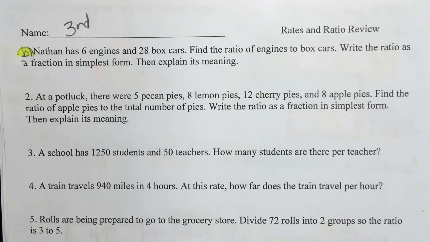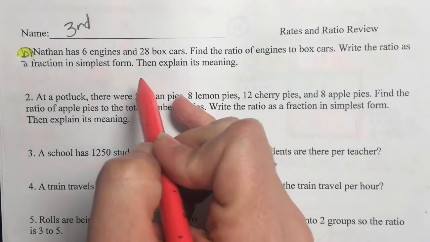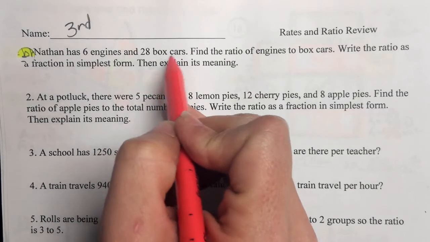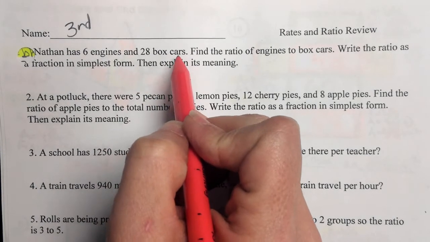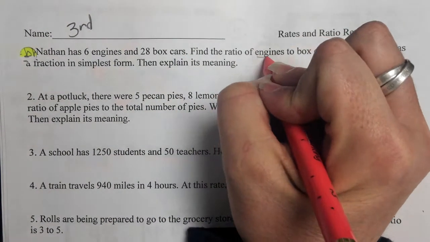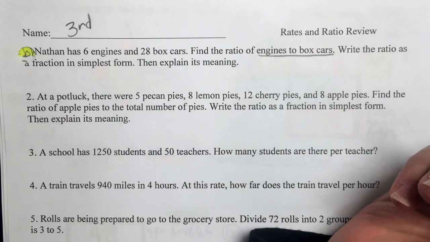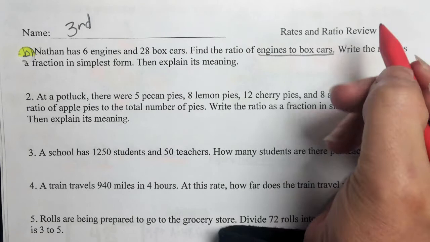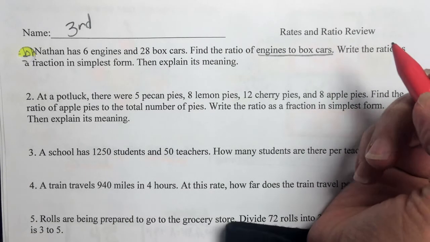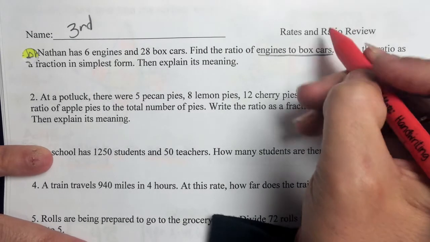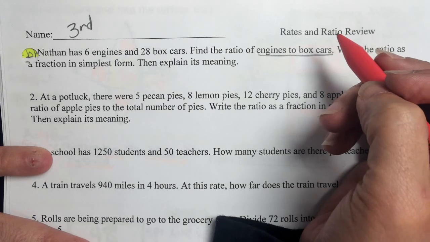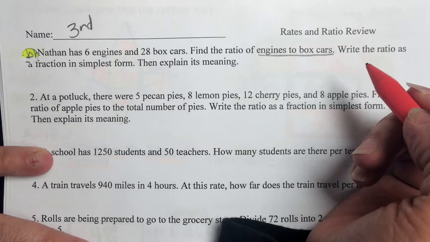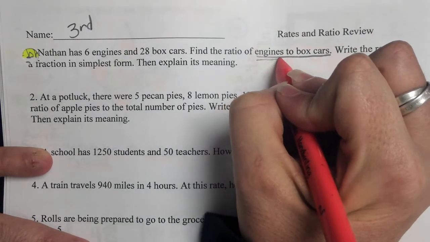On number 1, Nathan has 6 engines and 28 boxcars. Find the ratio of engines to boxcars. Write the ratio as a fraction in simplest form and then explain its meaning. You gotta watch the words. Why is this on one page? Because I'm trying to get it done in class so you don't have homework.